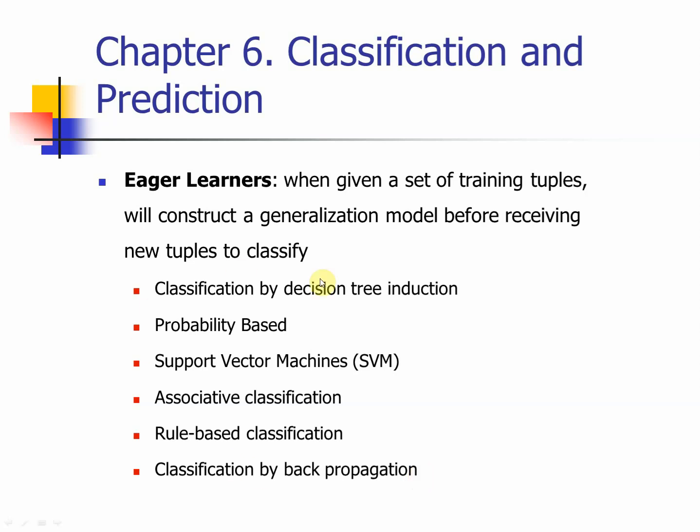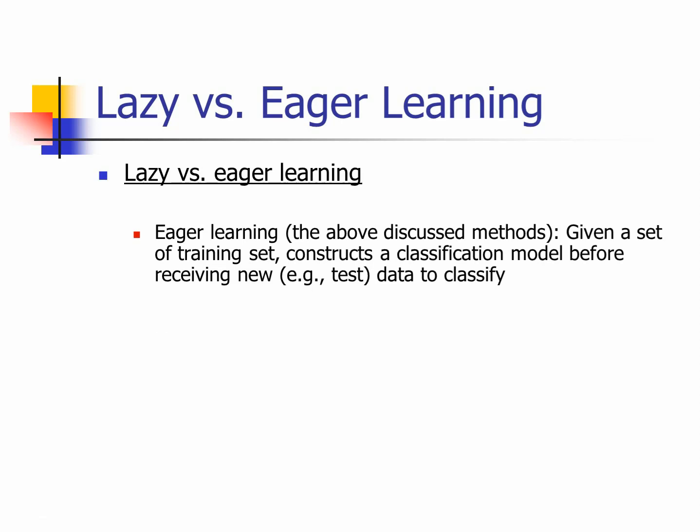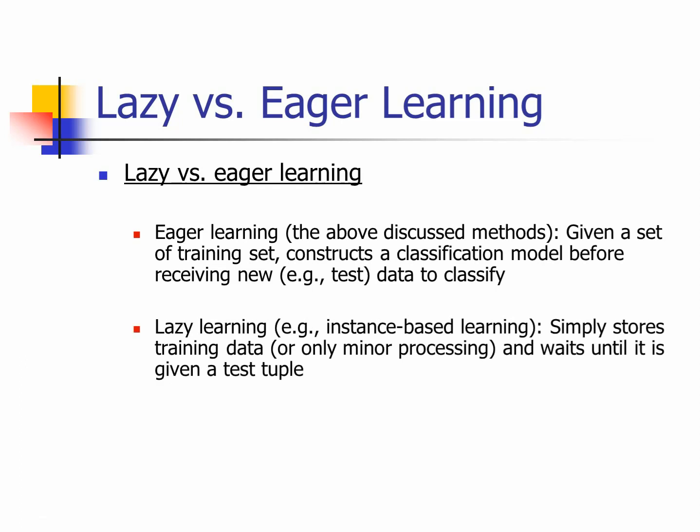Therefore, all of these are traditional, more general scenarios of what we call eager learners, which means that they try to build a model from the training data set. Unlike what we are going to talk about today, which is what we call a lazy learner. It simply stores the training data.